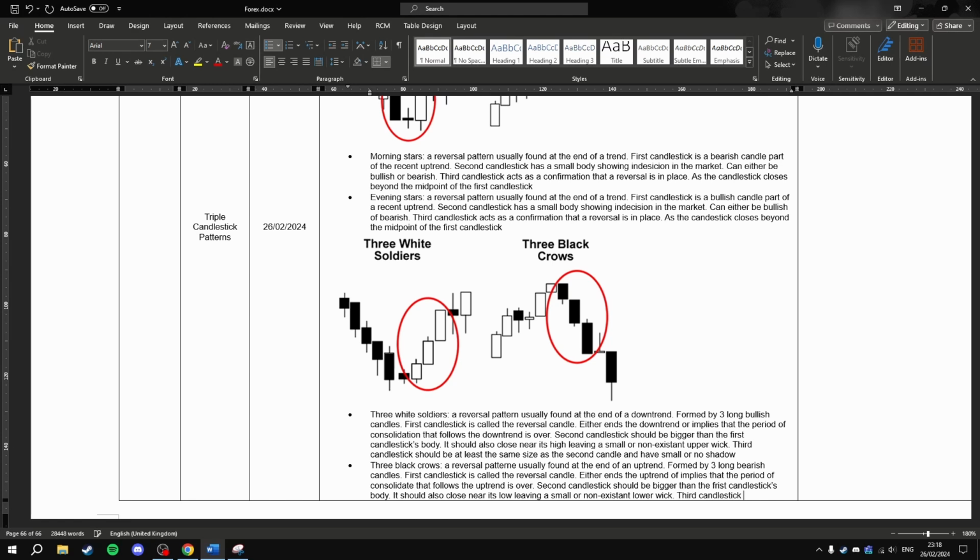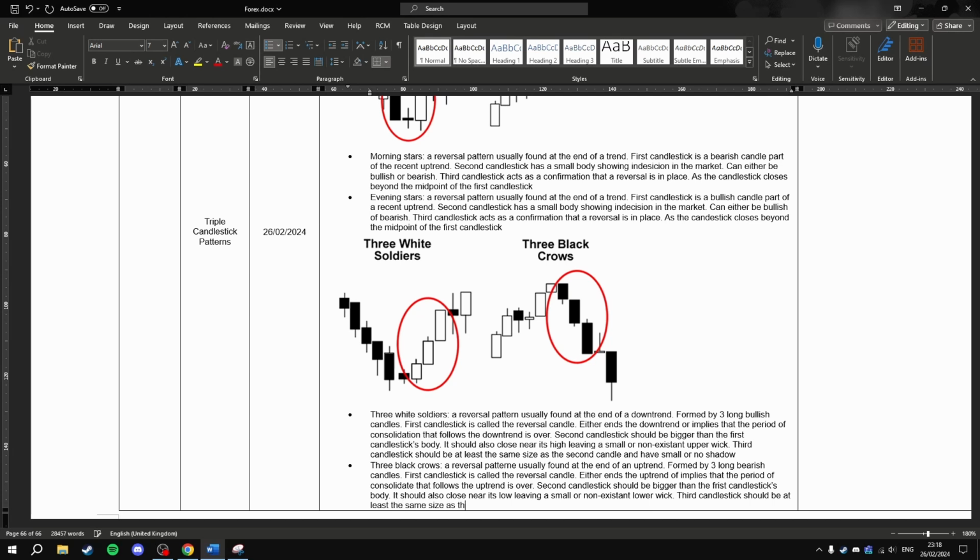The third candlestick should be at least the same size as the second candle and have small or no shadow.